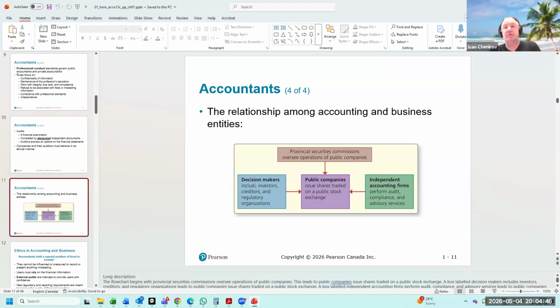With public companies, those issuing shares, the decision makers have to decide: should I invest? Should I not invest? Should I lend them money? And then we have independent accounting companies which perform the audit of public companies to make sure that the decision makers, who are the investors and creditors, actually have the correct information.